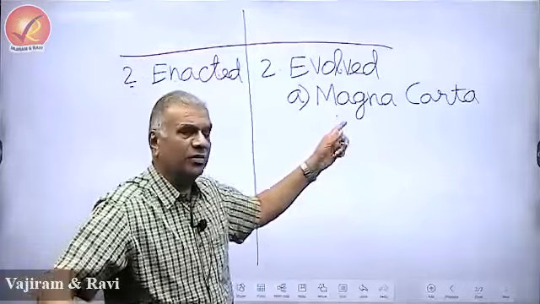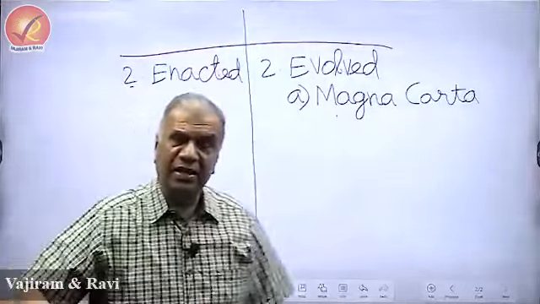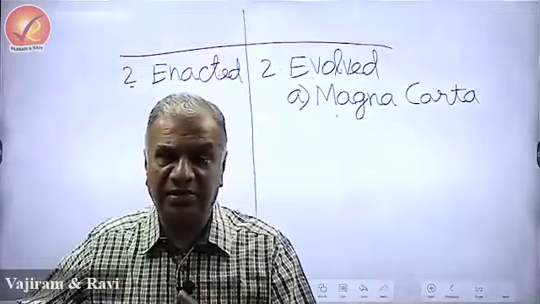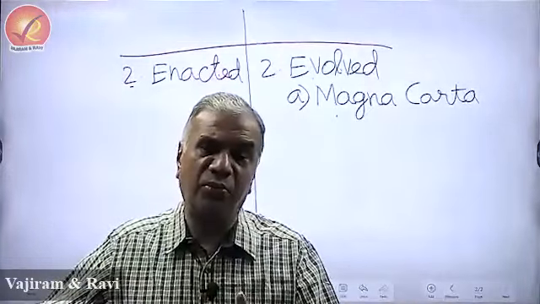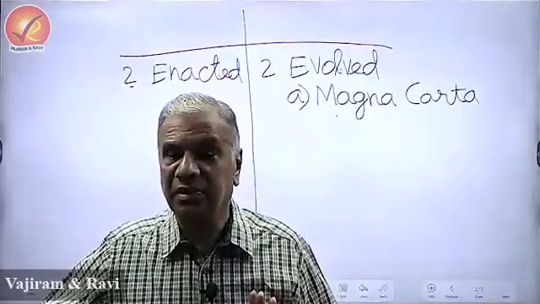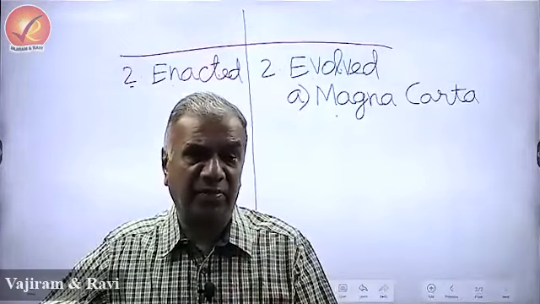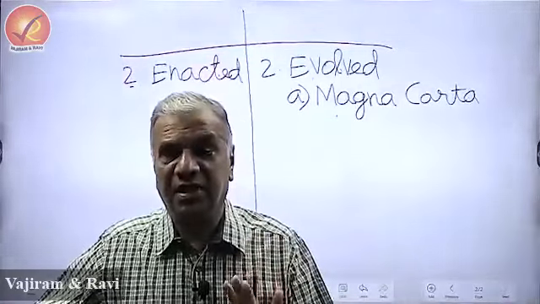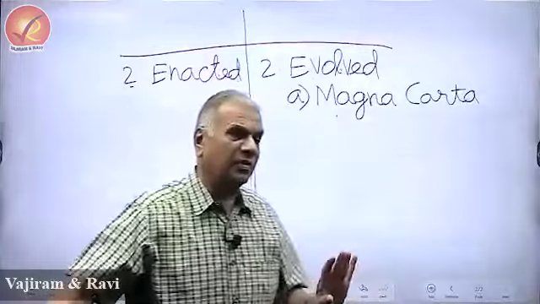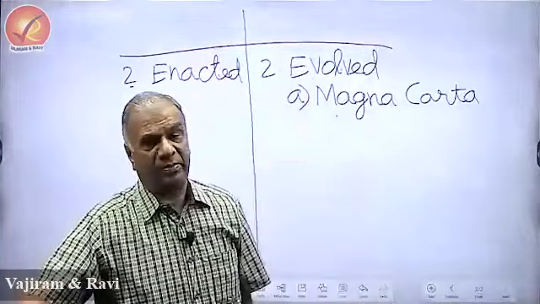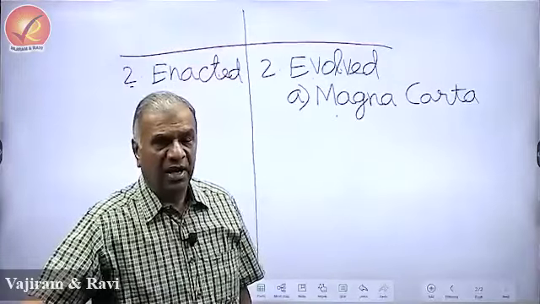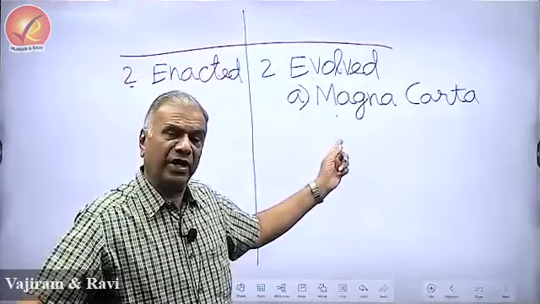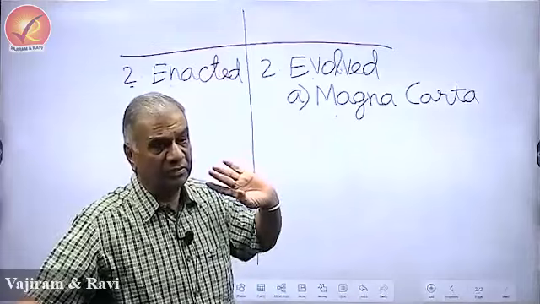And one of the provisions says the king shall not levy and collect tax without the approval of the people. So for the very first time, the financial powers of the king were restricted. The king can collect taxes from the people only with the approval of the people. The king was subjected to financial control by the people.